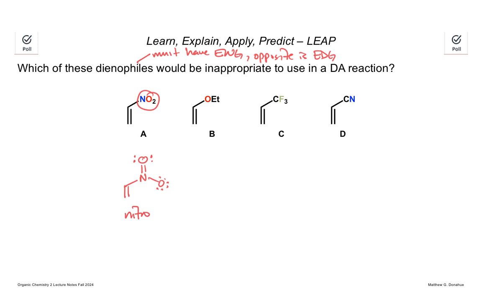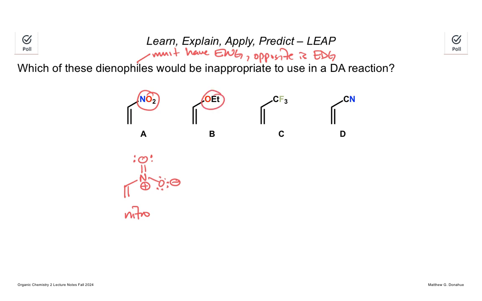And we can see that the N and the O are not in their normal valencies. So nitrogen ends up being plus, oxygen minus. Because you have a plus charge on the nitrogen bonded to the alkene, that's going to be an electron withdrawing group. So that is appropriate for Diels-Alder.